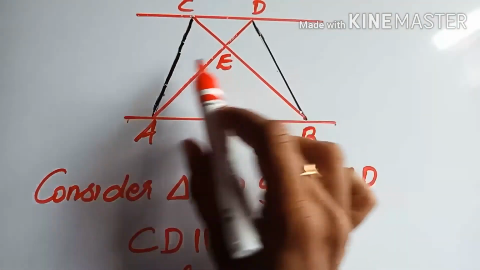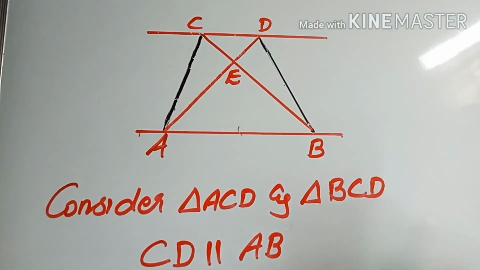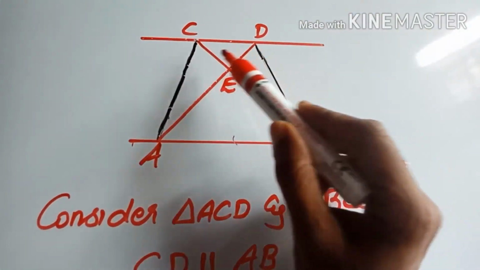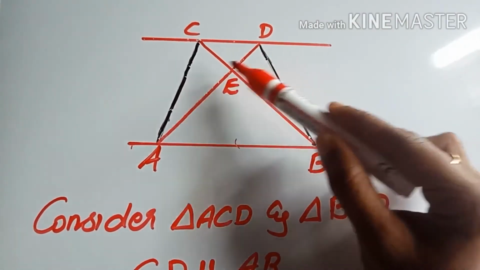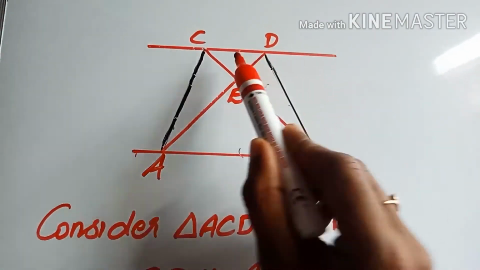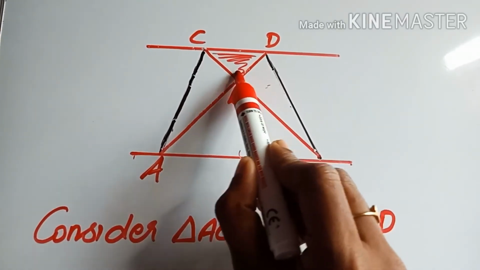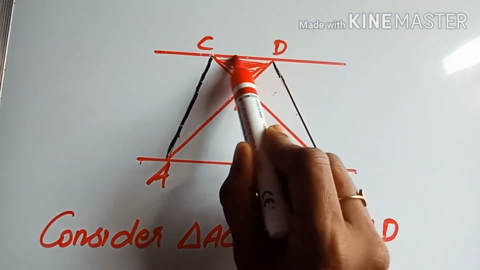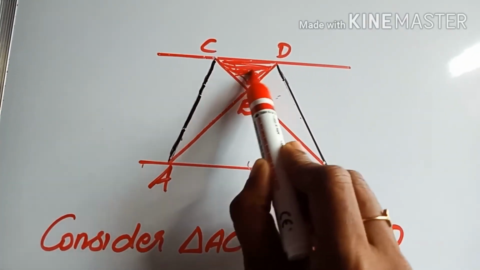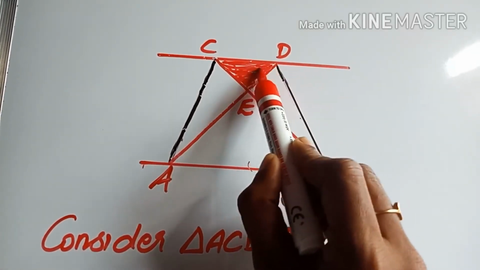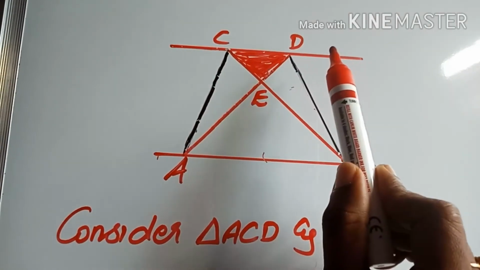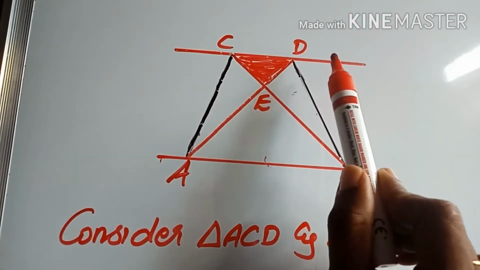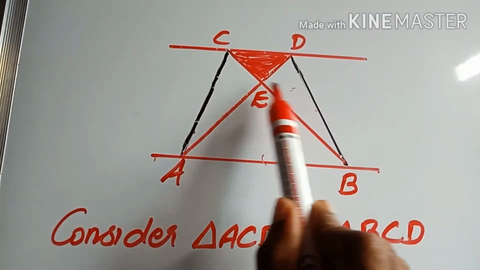Now in these two triangles, which part is the common part? For these two triangles, CEA and BED are different. That means these two portions are different and this portion is common, isn't it? This is a common portion for these two triangles. So from these two triangles' areas, if we subtract this portion, the remaining portions will be these two.